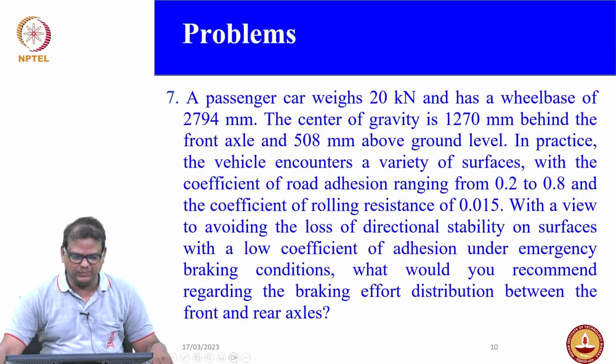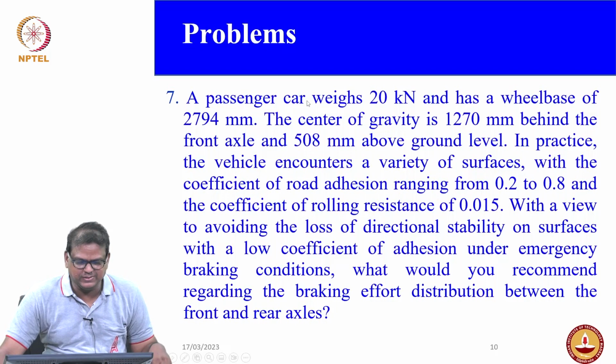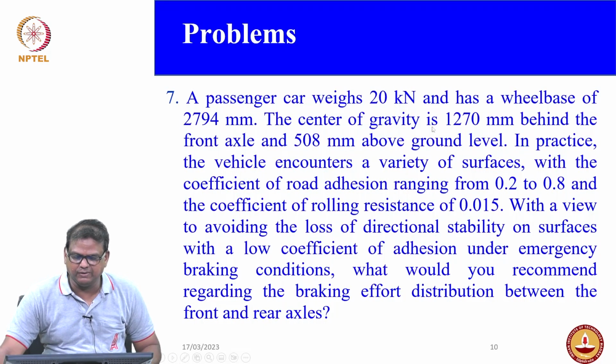Okay, please note down this another problem. Problem number 7. A passenger car weighs 20 kilonewton and has a wheelbase of 2794 millimeter. The center of gravity is 1270 millimeter behind the front axle and 508 millimeter above the ground level.